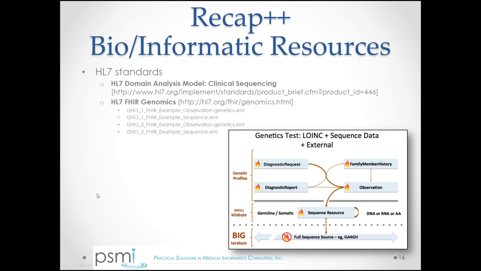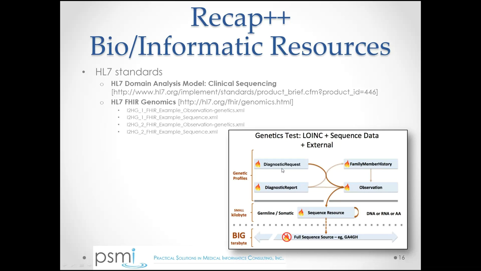We'll point back to the sequence resource, but our goal with the genetics observation resource is to pull out those variants that are clinically relevant. And then of course there's a family member history resource that we've looked at before, and all of this can be bundled up into a diagnostic report resource that can be triggered by a diagnostic request.